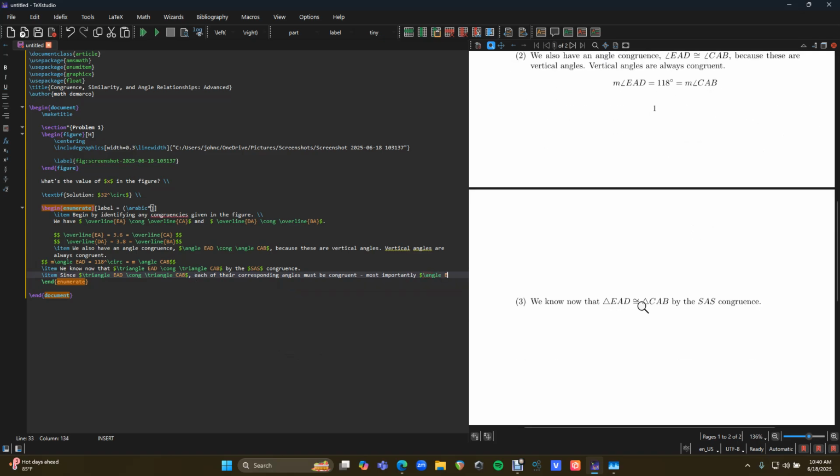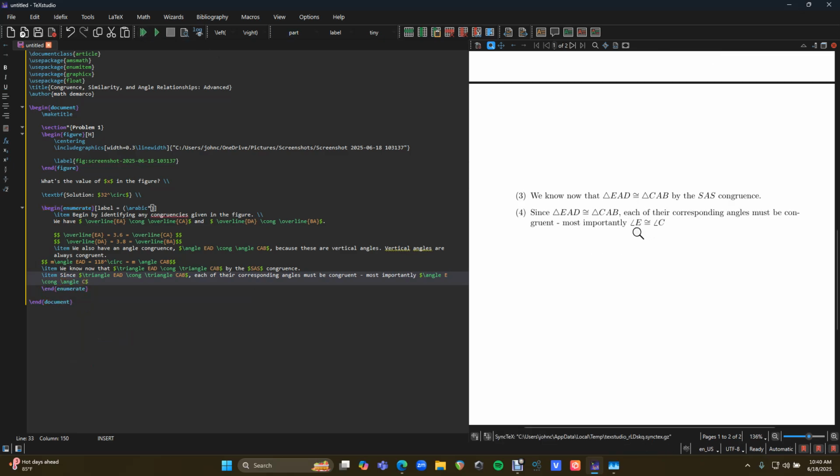Yeah, E to C. You can kind of see it there in the first letters. Angle E is congruent to angle C. See how that looks. Since the triangles are congruent, each of their corresponding angles must be congruent. Most importantly, E and C. Okay. Don't like how it cut it off like that. I'm just picky and want it to look cleaner than that. That's cool.